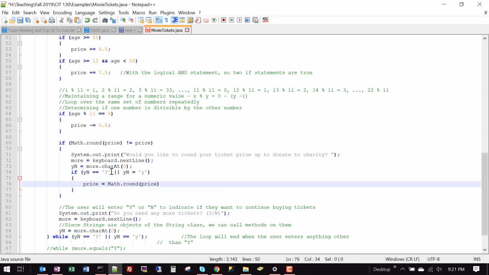We have to make a reference to round, or we have to tell it where round is, which is inside the math class, and then perform that operation, assign it back to price. So let's look at this with these two options in here.